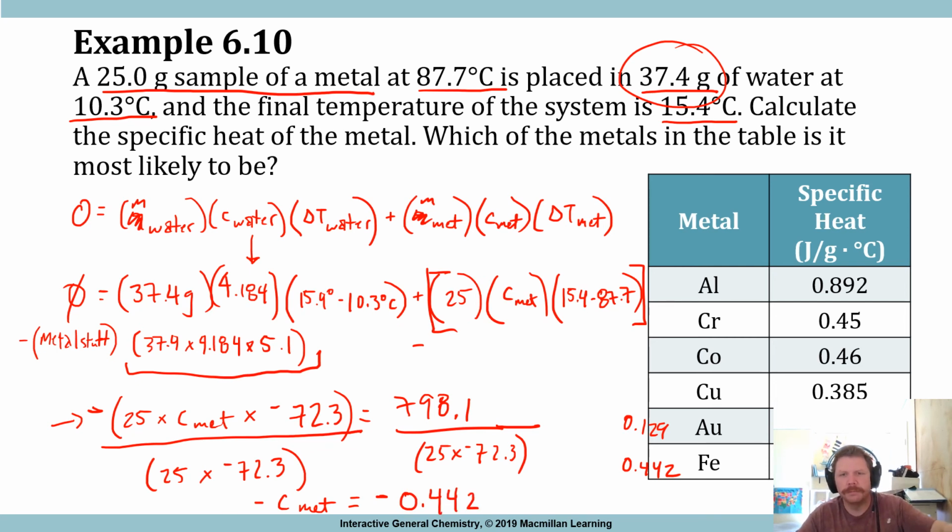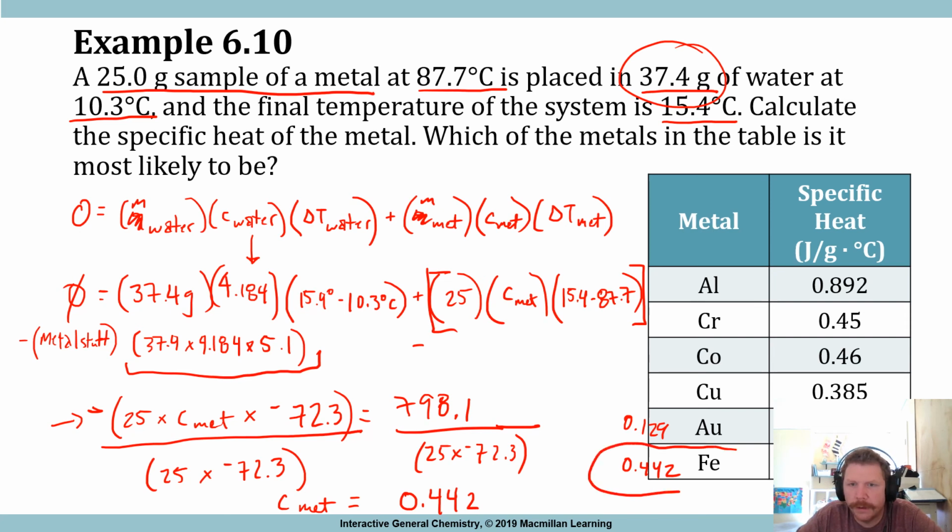Now, is that a problem? It really isn't. It's a negative value, but two negatives are going to cancel one another out. So I'm going to erase that. The heat capacity of my metal is 0.442.